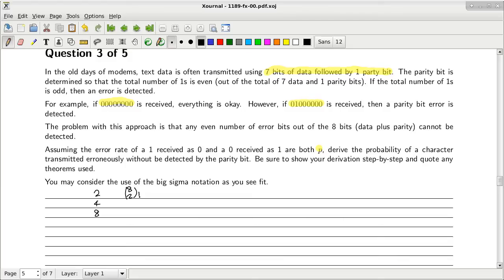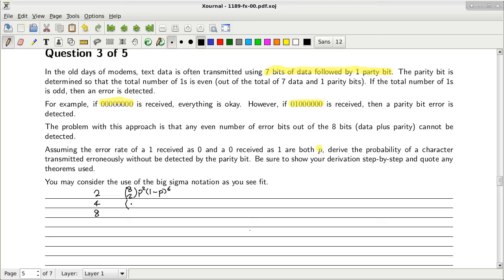So in this case, we have p to the power of 2, and that's for the bits that are received erroneously. But we also need to remember that there are 6 bits that are not received erroneously. So that's basically the probability of receiving a character with 2 error bits without getting detected.